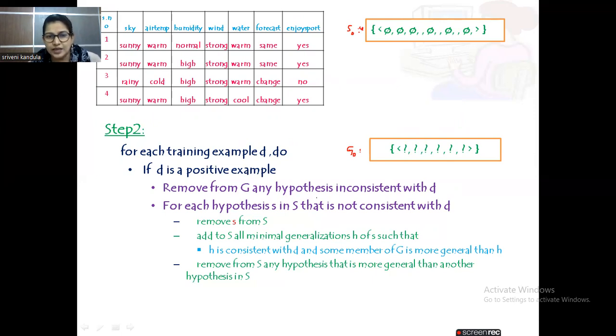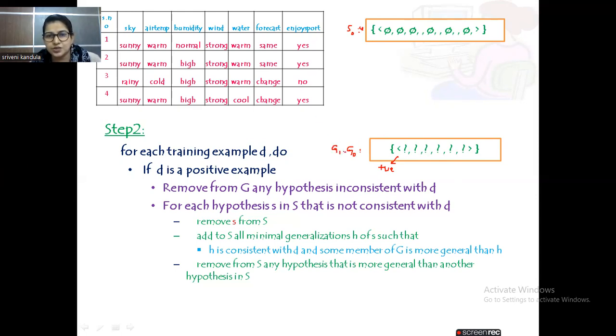Remove from G any hypothesis inconsistent with D. Here in the general boundary, we have all question marks. That means any value of the example is accepted. That means the first example is classified positive by our general hypothesis. Actually, it is a positive example. Hence, it is consistent. So no more changes to the general hypothesis.